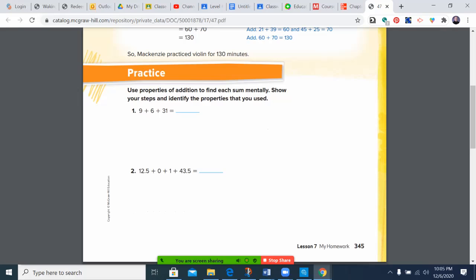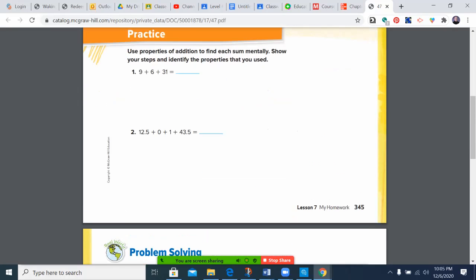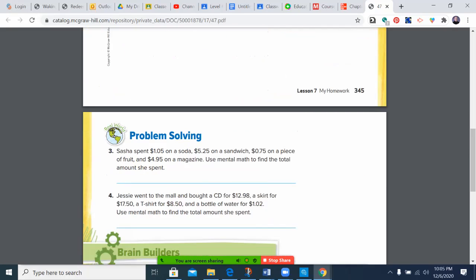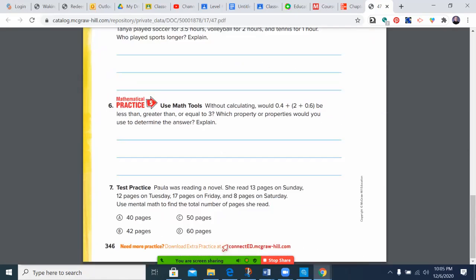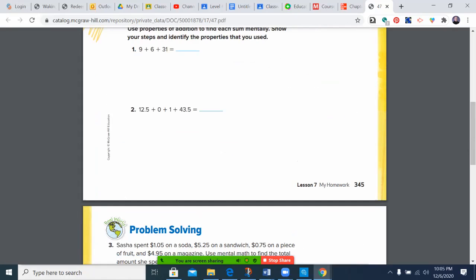That's what I'm advising, because it's a little more difficult to write these all out in a Google form. But we'll have it there where you'll have to list which ones you used, give me an answer, and all of those good things. And there's a total of 7 problems.